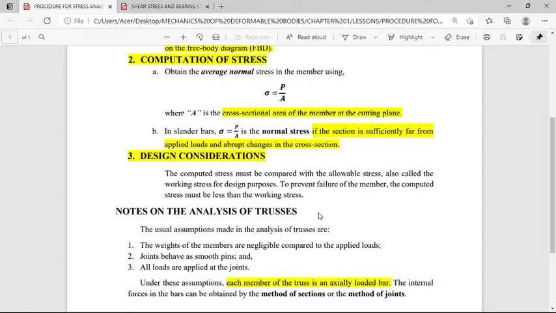You'll know why when we discuss about the topic in factor of safety, when we come to our topic, stress-strain diagram. Okay. So, to prevent failure of the member, the computed stress must be less than the working stress.